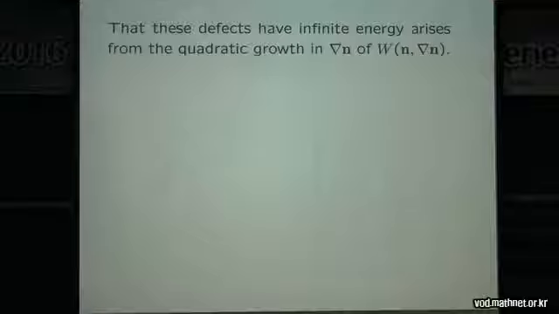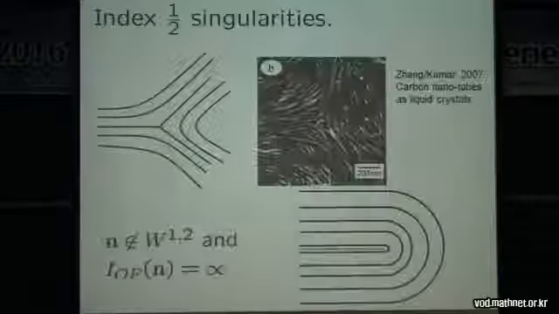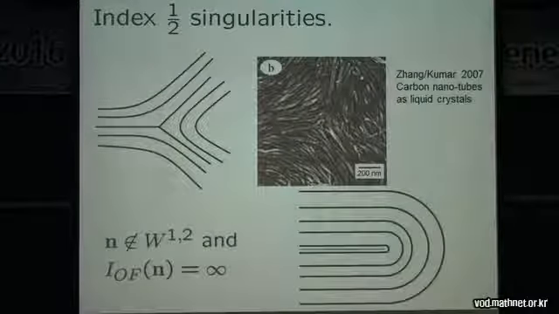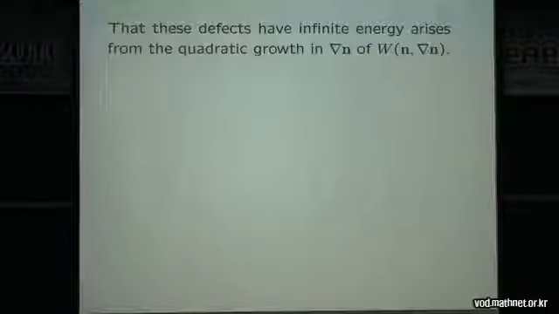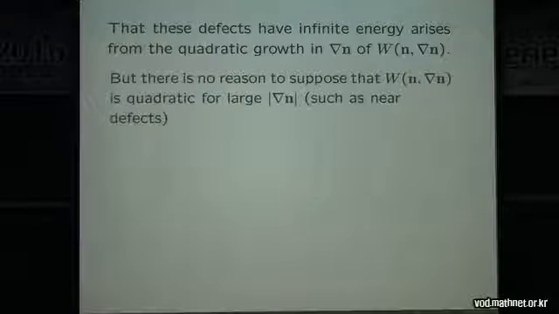Okay, so there's a problem here about orientability, which I think I'll talk about later. But in any case, you can't describe these by n being in W^{1,2}. Now, that these defects have infinite energy obviously arises from the fact that W grows quadratically in the gradient of n.